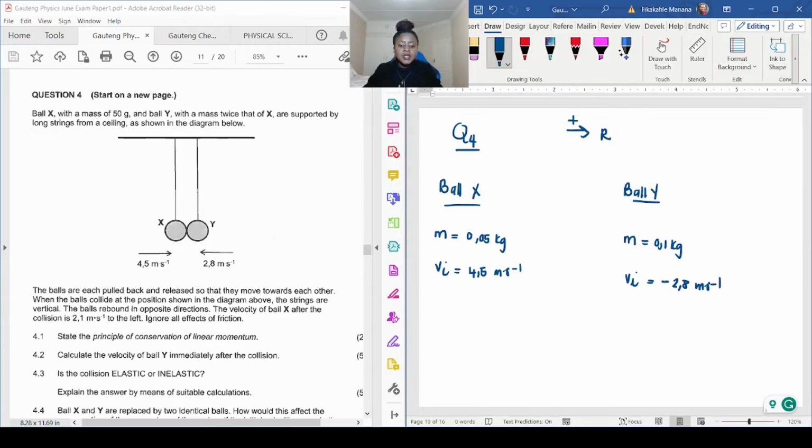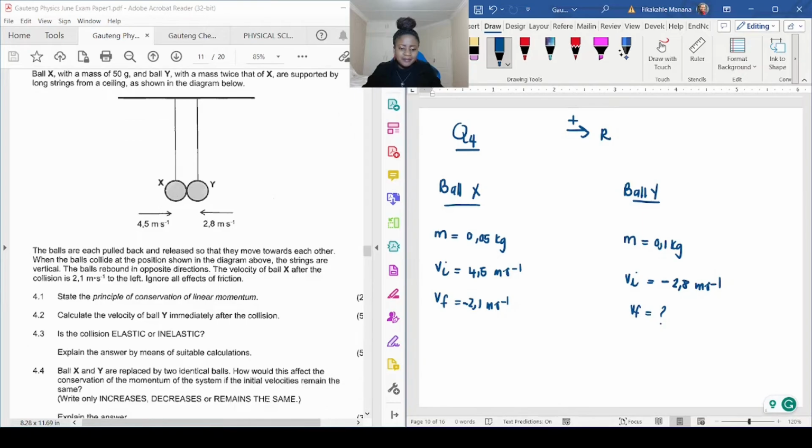All right, so the velocity of ball X after the collision is 2.1 meters per second to the left, so it's negative. We don't know about the final velocity of Y. Okay, so ignore all effects of friction.